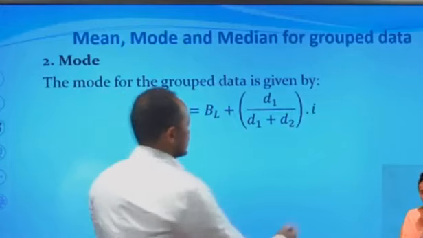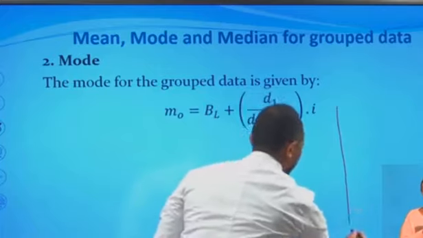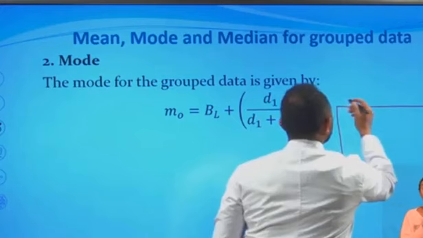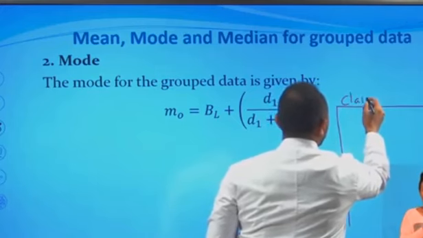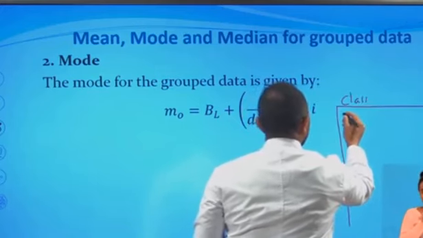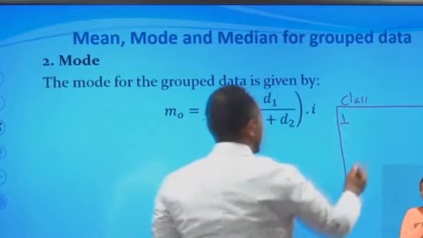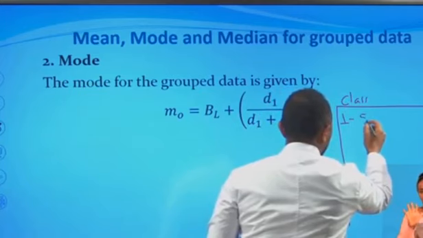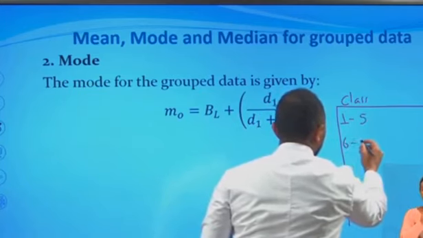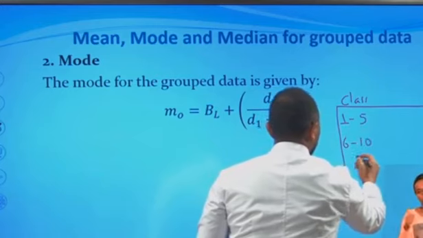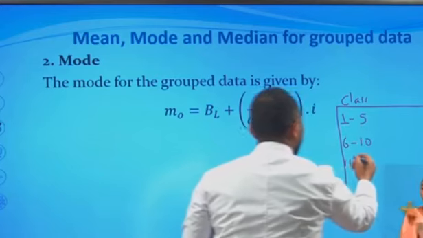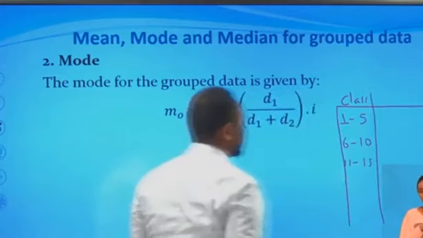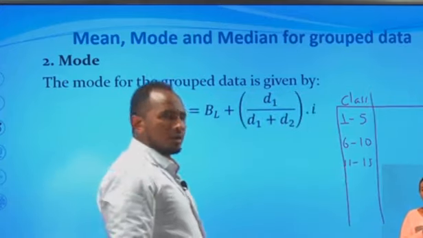Look, let's take this group data set. We have classes, assume 1 up to 5, 6 up to 10, 11 up to 15, and so on.